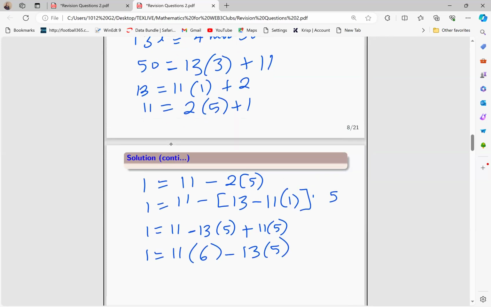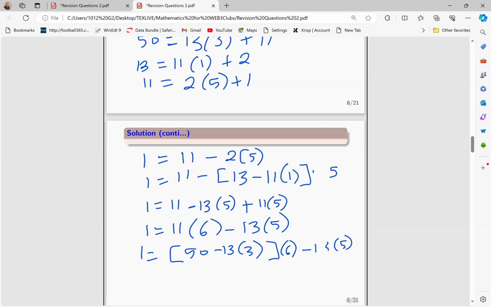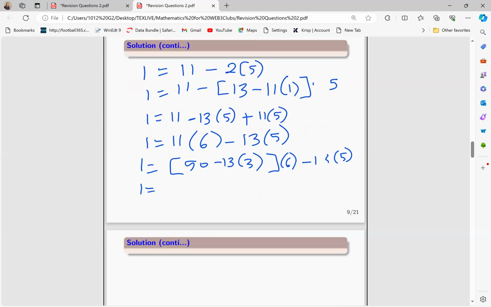Then next we rewrite 11. 13 times 3. 4 times 5. That's 23.